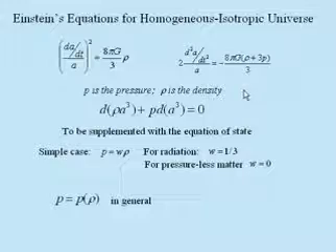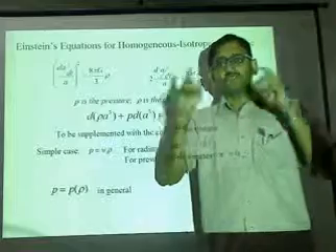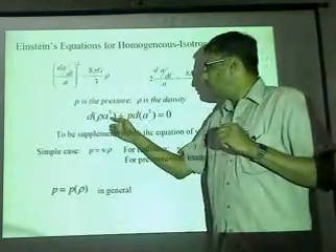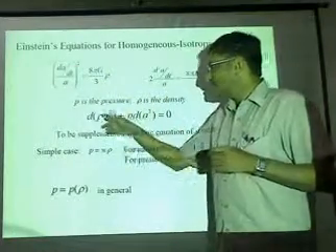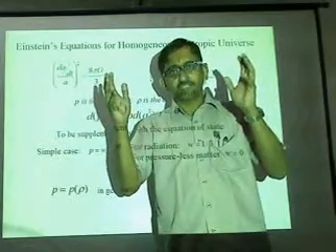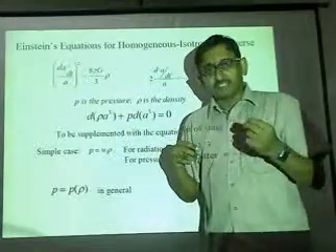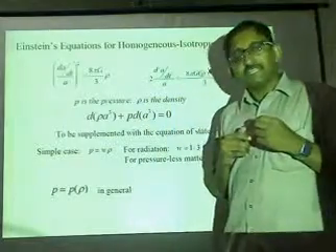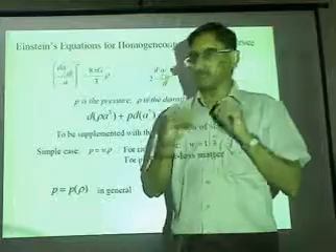Now, if you take any distance, I can construct a volume from the distance by taking a cube. So just like A here is a measure of distance between two points, A cubed is a measure of the volume in space. Rho is the density of matter, and rho times A cubed is hence the mass of matter inside this cube.